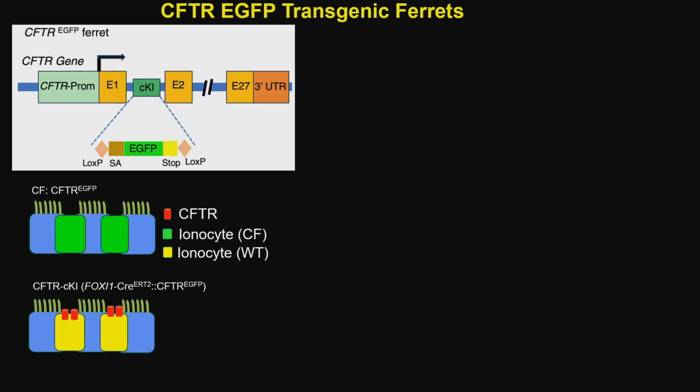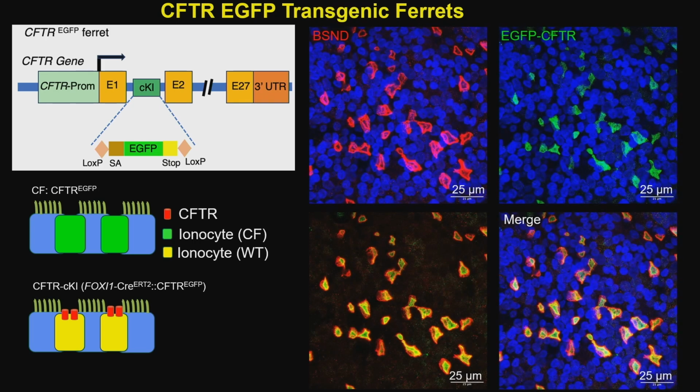In the CFTR-EGFP ferret, which is a cystic fibrosis ferret, for example, if we generate a FOXI1-Cre-ERT2 CFTR-EGFP ferret, we're able to reactivate the CFTR gene in an ionocyte-specific fashion. Next, we checked the CFTR-EGFP signal in the epithelium.